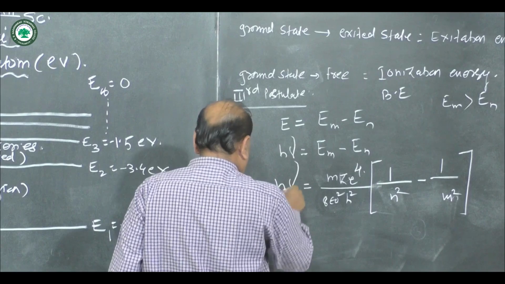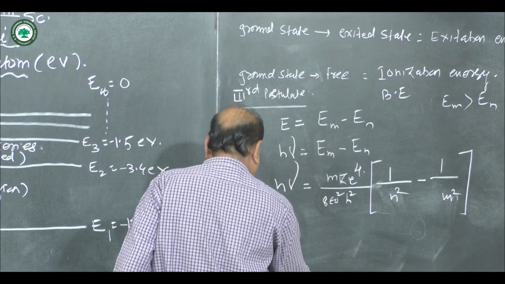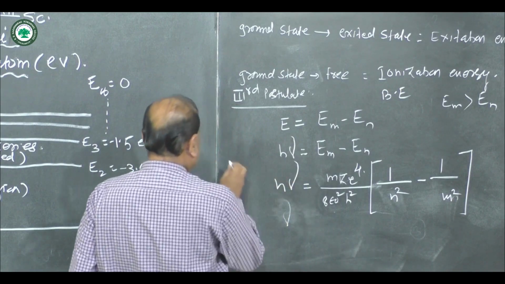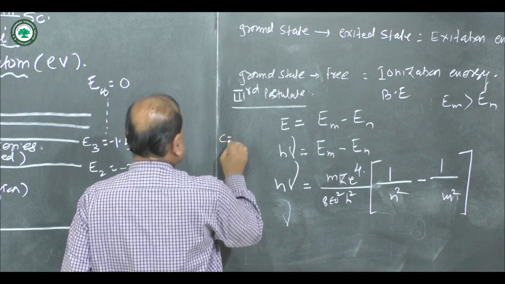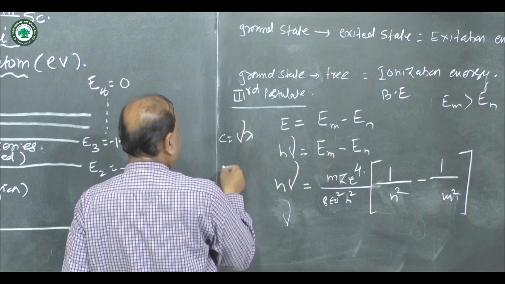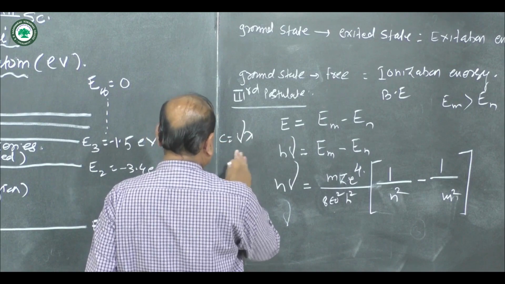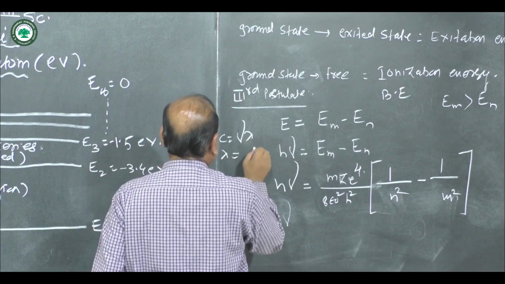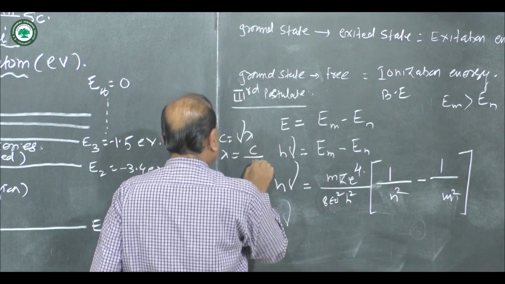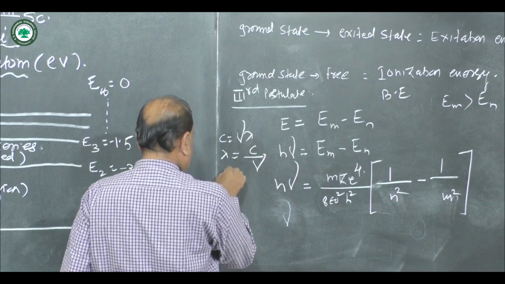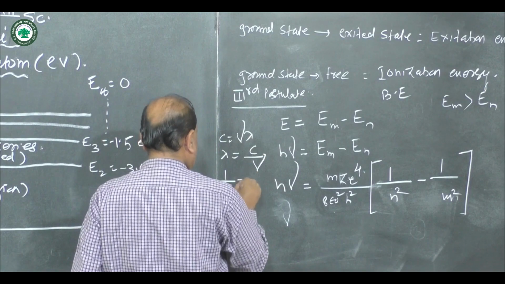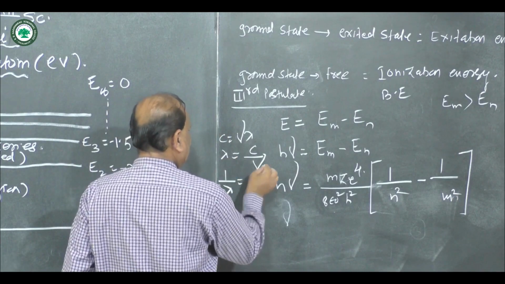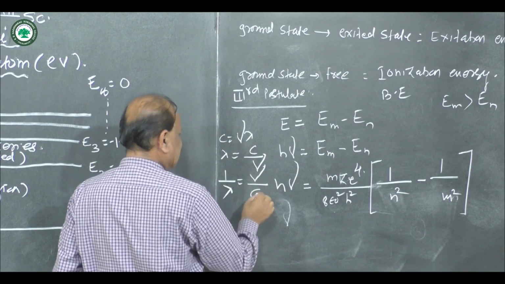From the relation c is equal to mu lambda, lambda is equal to c upon mu, and 1 upon lambda is the wave number, which is mu divided by c.